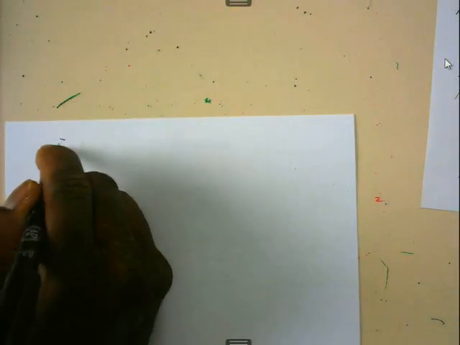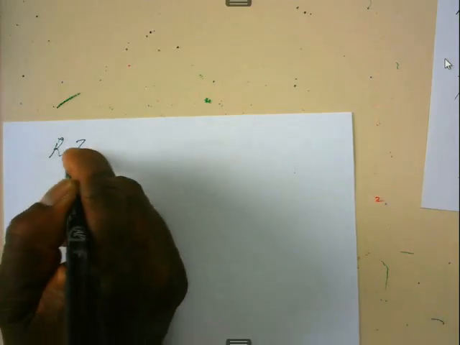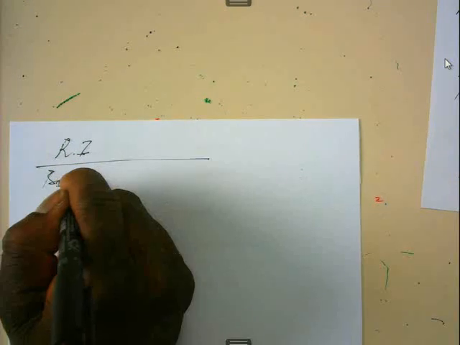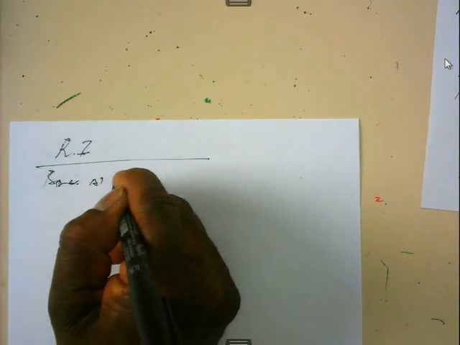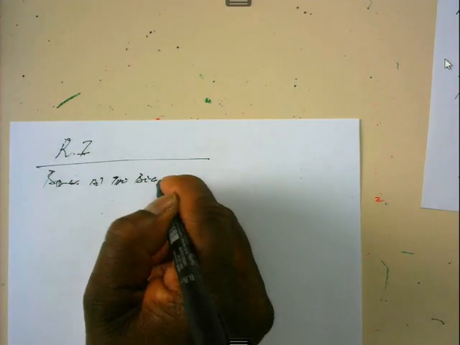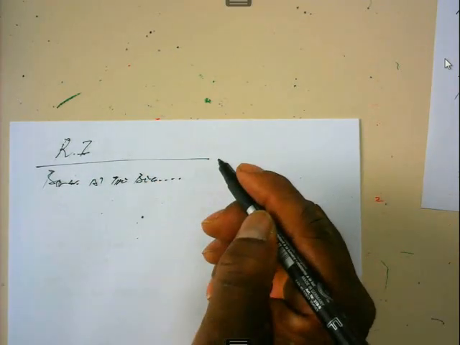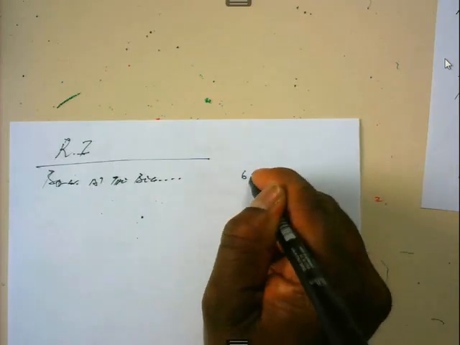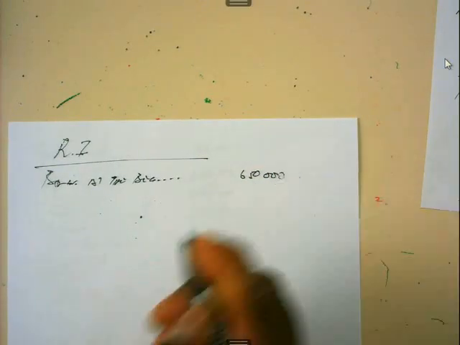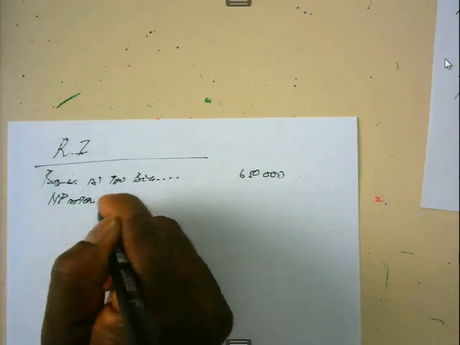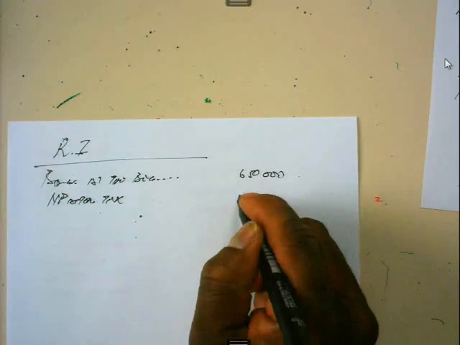You have your retained income, and the balance at the beginning of the year, which is given as 650,000. Then we've got your net profit after tax, which we have determined: 800,000.